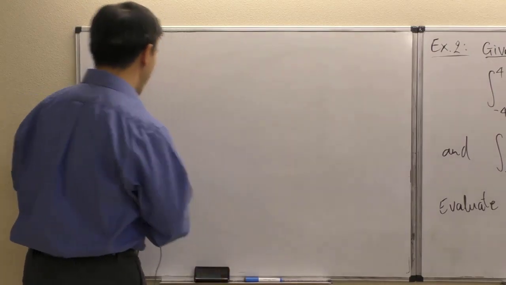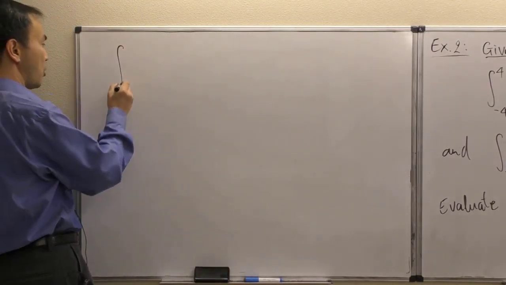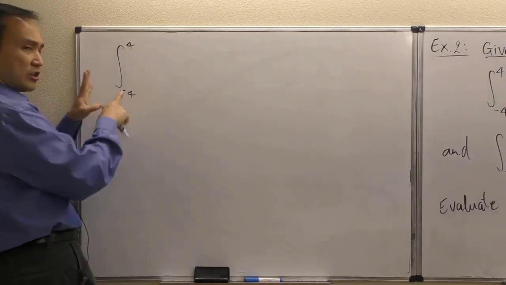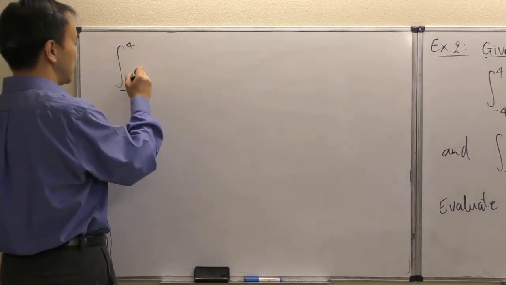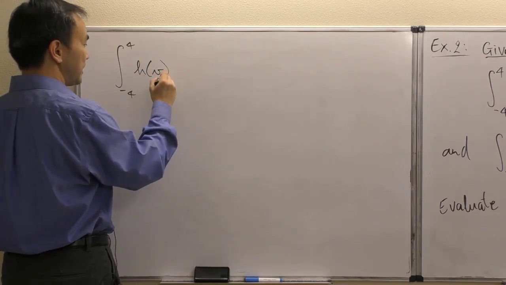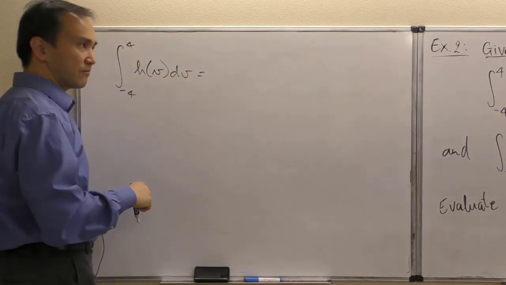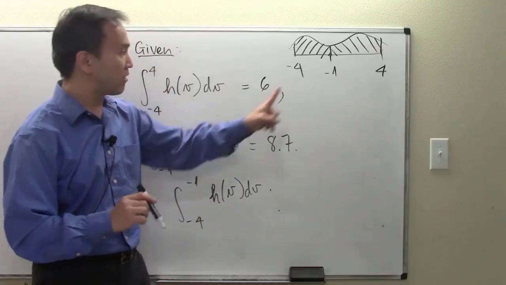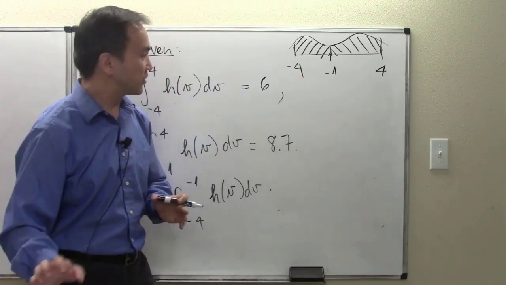And so now, the way I see the total interval from -4 to 4, the total integral from -4 to 4 of this function h of v can be broken up according to that picture. And that picture came out as the property of the integral that we studied earlier.